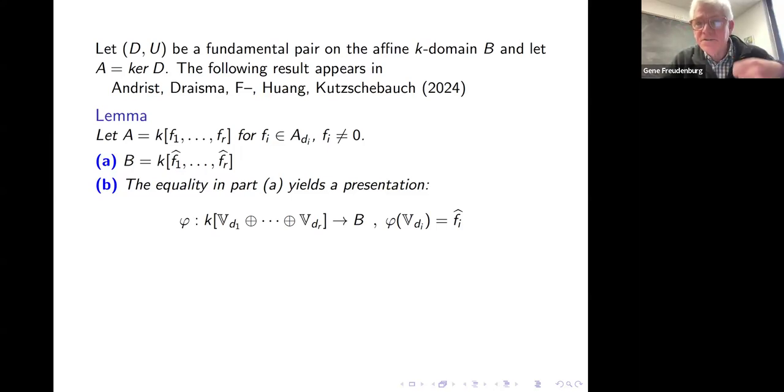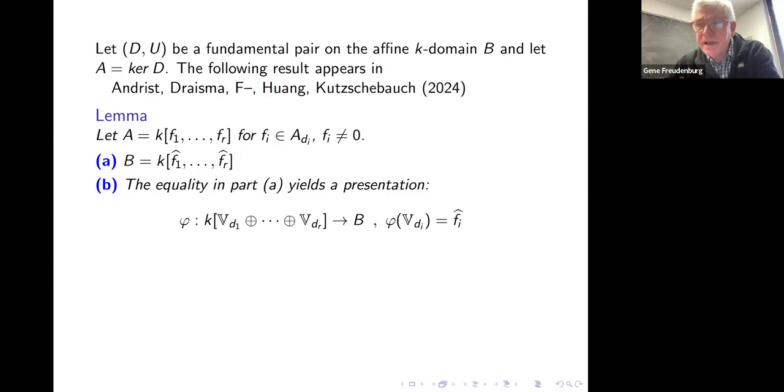And of course, the observation is each one of those vector spaces is SL2 invariant, because each is invariant under both D and U, all right? And so that leads directly to the fact that the equality given there in part A yields a presentation of the SL2 action from these r copies of irreducible SL2 actions, right? And it sends that copy V_{d_i} to the vector space F_i hat. Okay, so that follows pretty directly.